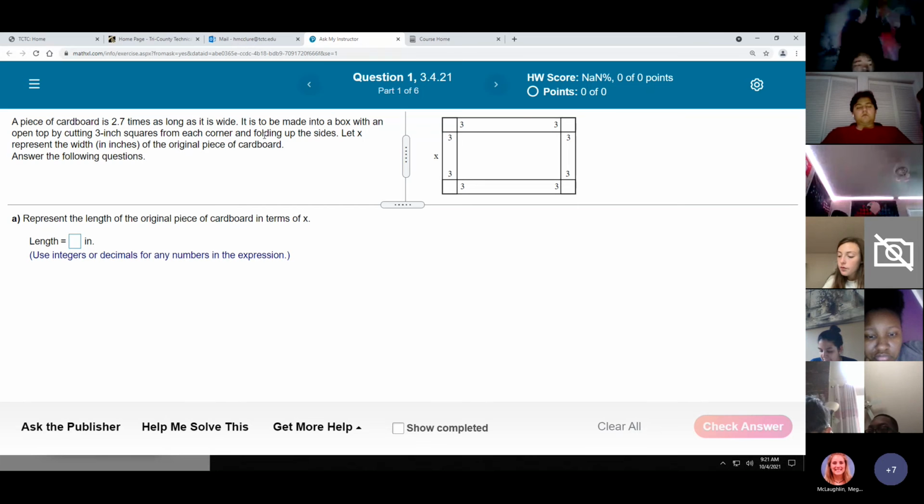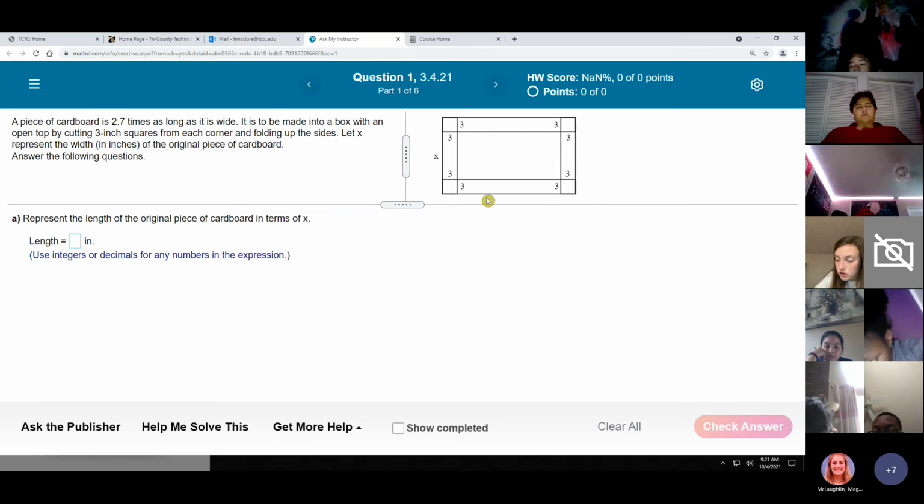Okay, it says it is to be made up of a box with an opening by cutting 3-inch squares from each corner. Let x represent the width. So the width here is going to be x plus 6, because you got 6 inches up here and you got 6 inches down here. And then this one right here is going to be 2.7x plus 6, because you got 6 inches here and you got 6 inches here.